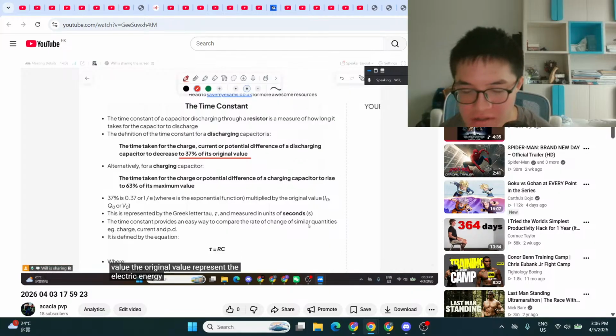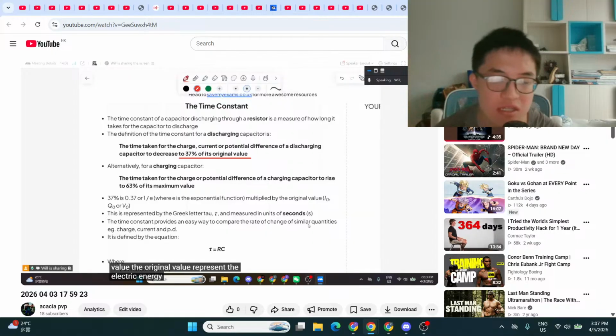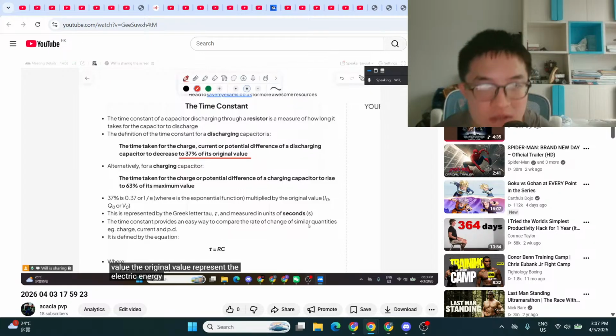The time constant for a discharging capacitor is the time taken to fall to 37%. For a charging capacitor, it is the time taken to rise to 63%, for the charge, potential difference, or current. Okay. It is the Greek letter tau, measured in seconds.